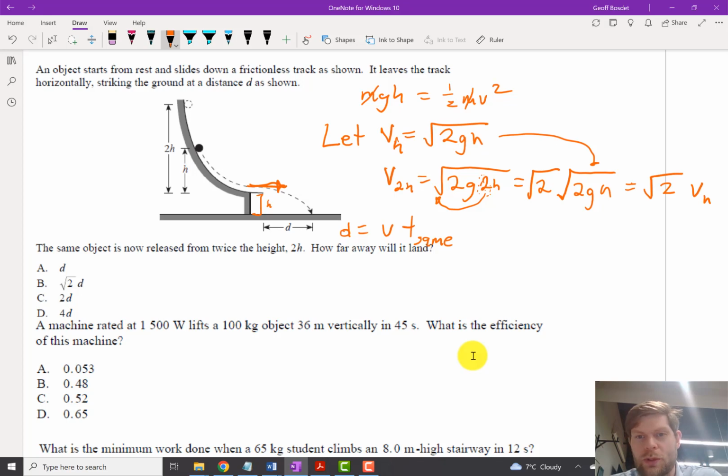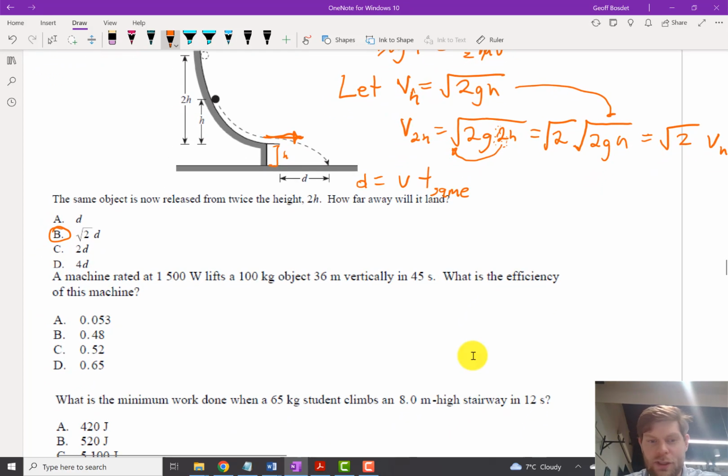And that whole root 2 thing has to do with the fact that if you double the height, you double the kinetic energy, but kinetic energy doubles if you just increase velocity by a factor of root 2, because it'll get squared into 2. Anyway, whatever we do to the velocity also happens to the distance. So if we double the height, we multiply the velocity by root 2, and so we will also multiply the distance by root 2.